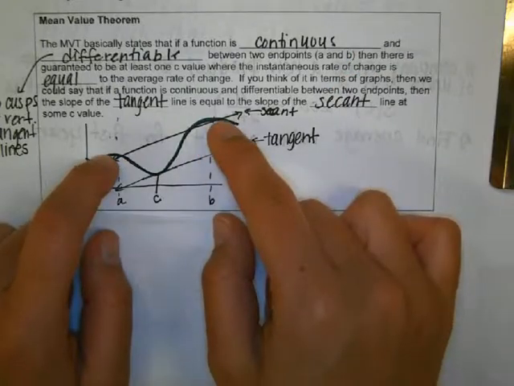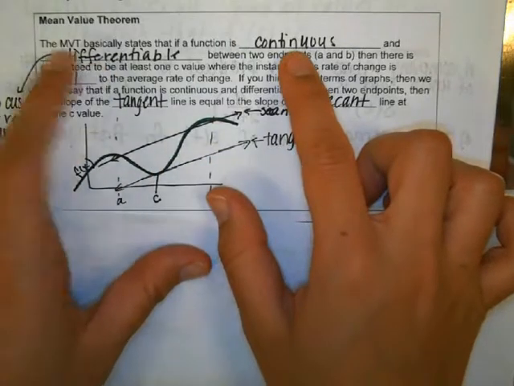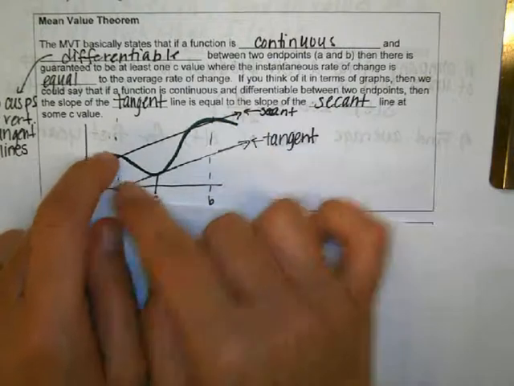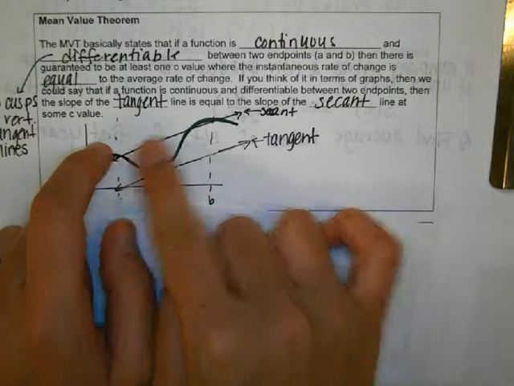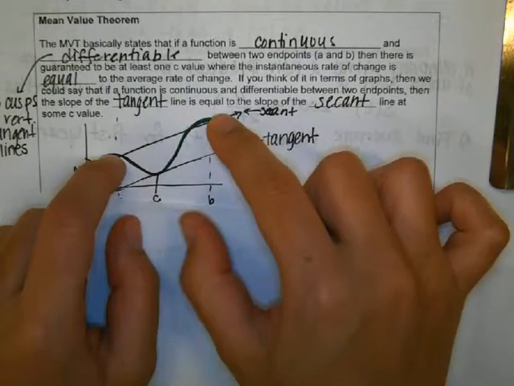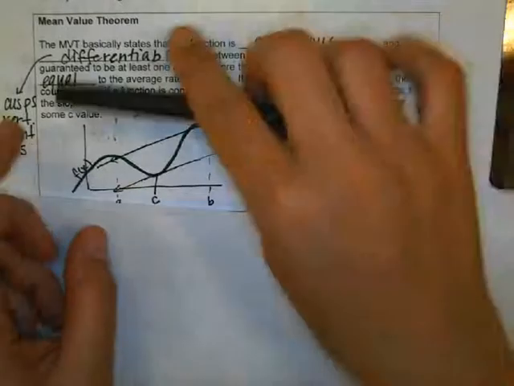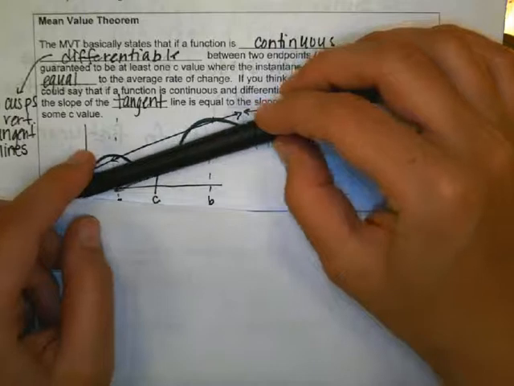Now what this is saying is no matter what the curve looks like, if it's continuous and differentiable, so there's no cusps or vertical tangent lines, then it has to be true that at some x value on this curve, at some c along this curve, the slope of the secant line will match the slope of a tangent line. So if you know the secant line is this slope, you can kind of eyeball where that would be.